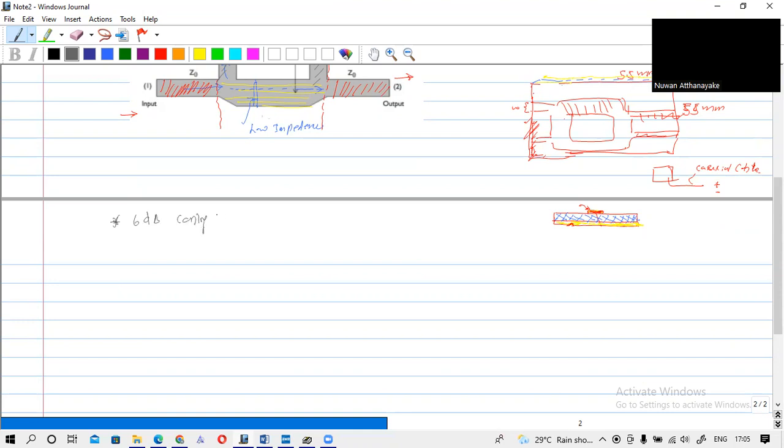And also our design frequency is 3 gigahertz. These are the two basic design parameters.